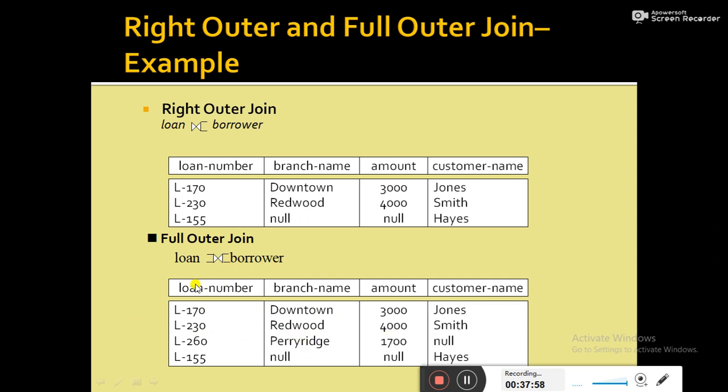Then it combines all the records from loan as well as borrower into the relation, and the missing values are padded with null. That means in a full outer join no records are missing; all the records from the left hand side relation as well as the right hand side relation are combined and appear in the result.